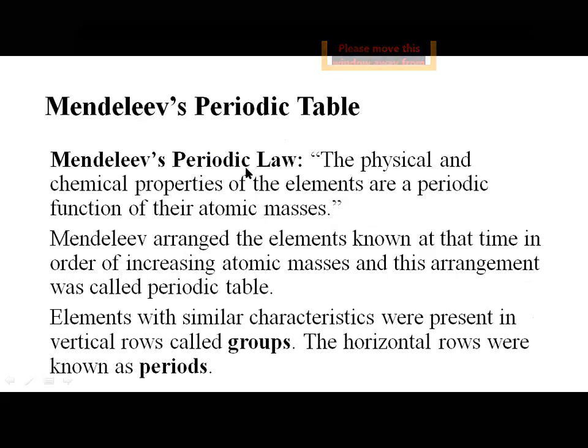So what does Mendeleev's periodic law say? The physical and chemical properties of the elements are periodic functions of their atomic masses. Mendeleev was known for many years, but not much of the work was actually done by him.